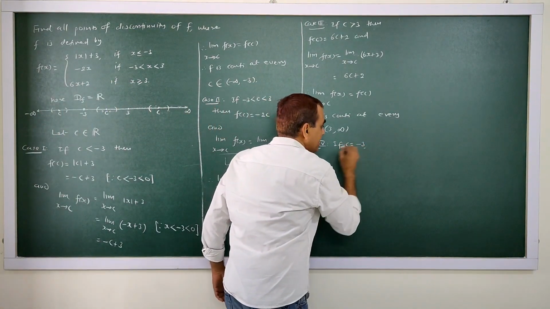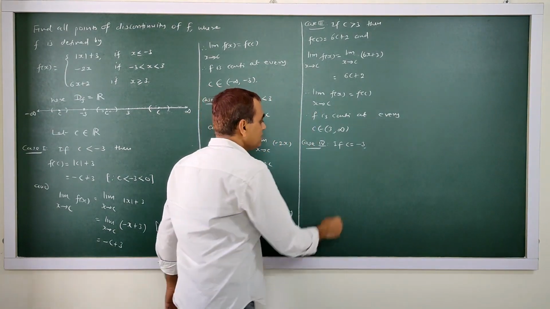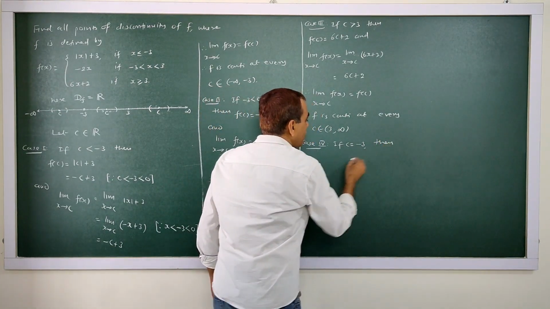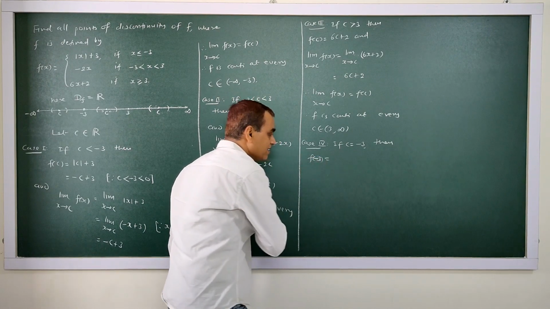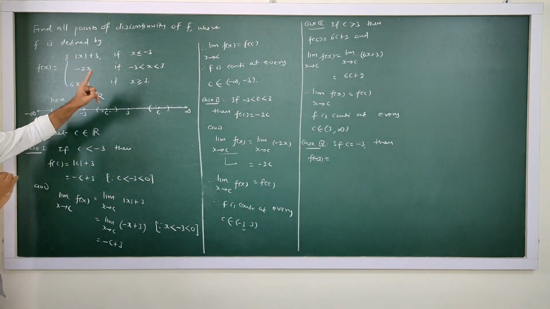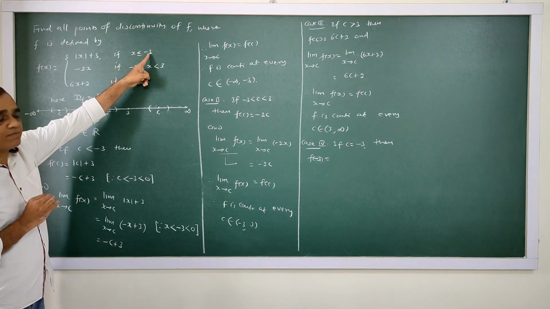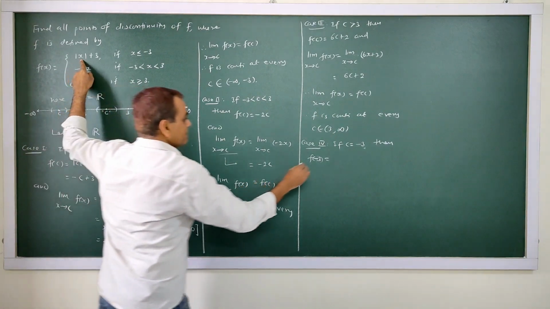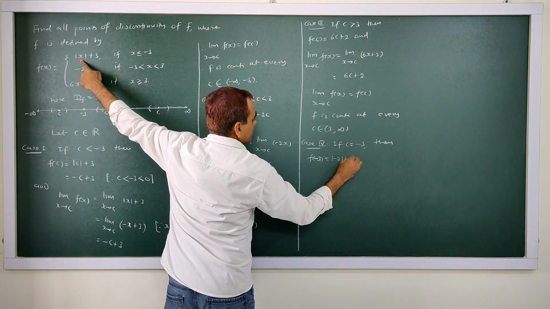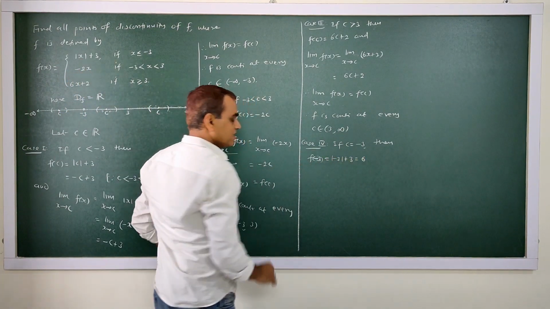At -3, the function is changing its formula. So finding all values, f of c, that is f of -3, see here x equal to -3. So f of -3 is modulus of -3 plus 3, so the value is 6.